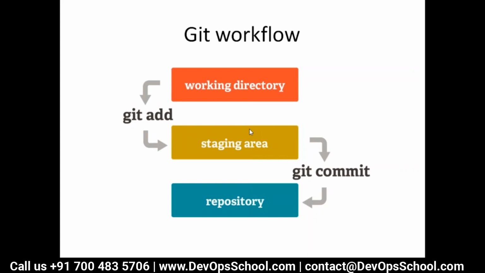You are working with the working directory, and if you want to move to the staging area, you use the command git add. Once you are in the staging area and you want to move to the repository, those files and directories or any changes, then you do the commit. And that is how we work in Git.